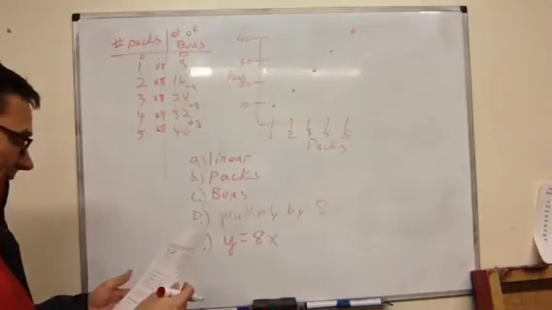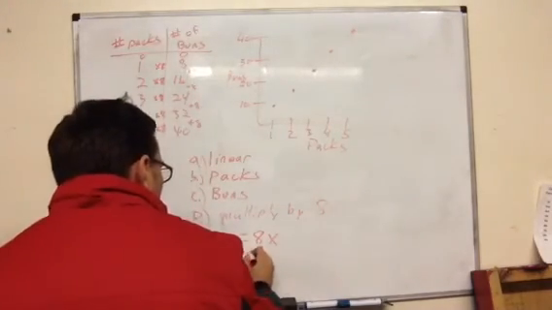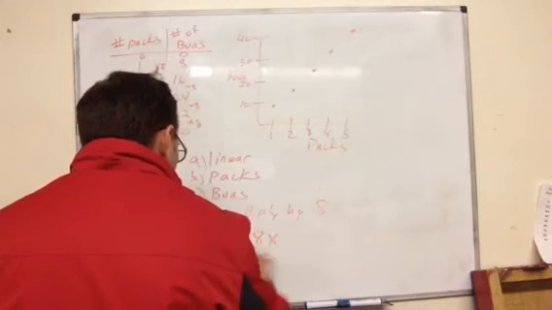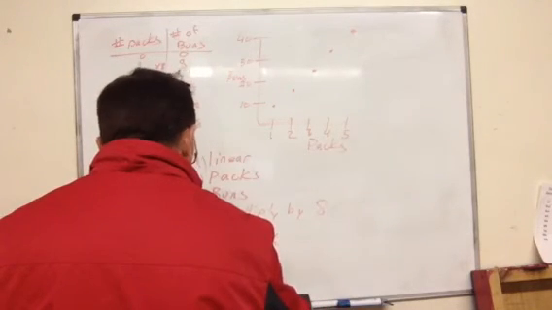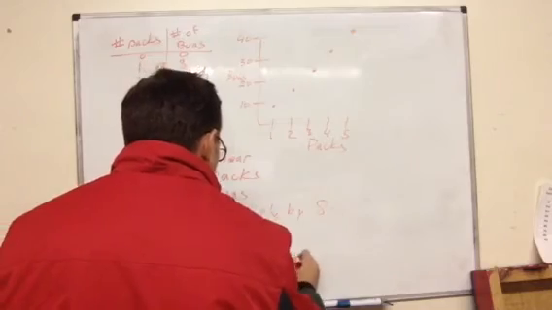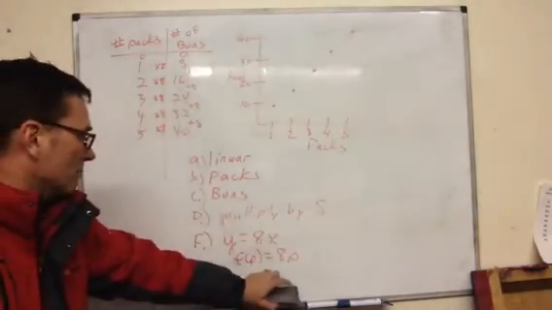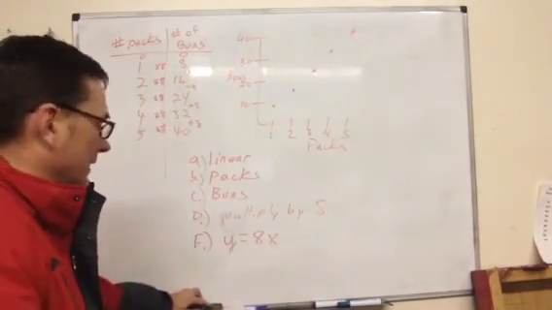If we want to write it as a function, you might see something like f of p equals 8p. But for now, we're just going to leave it as y equals 8x and leave it like that.